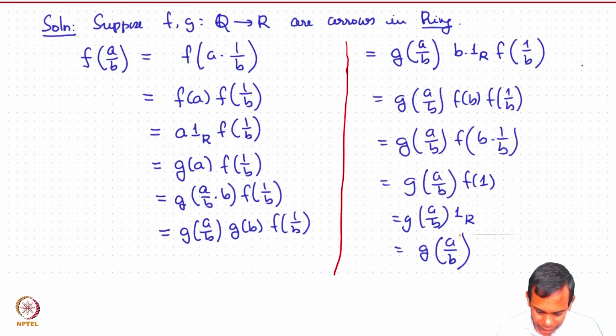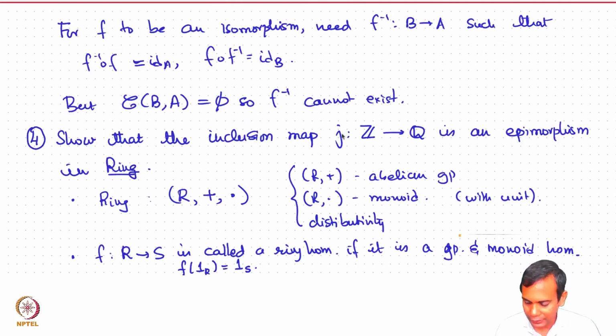And this is very interesting because J is not a surjective function, and yet it is an epimorphism. In fact, J is an epimorphism and a monomorphism. Because it's an injective function, it has to be a monomorphism, and we just showed that it's an epimorphism, but it's not an isomorphism.